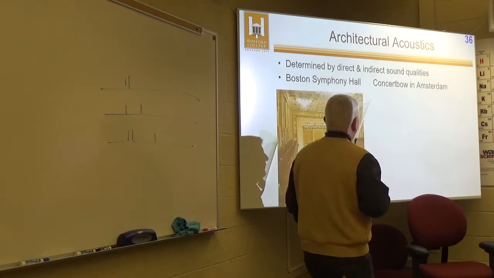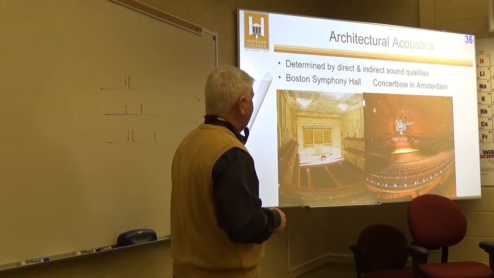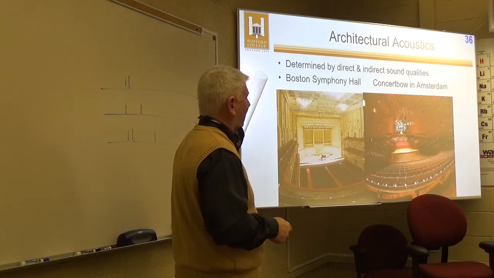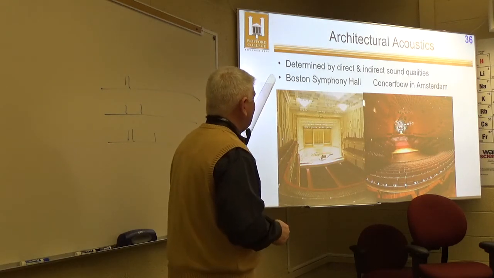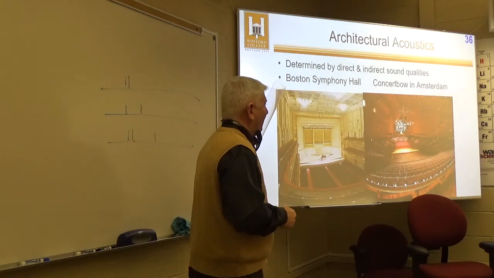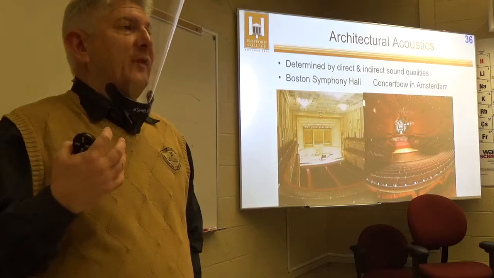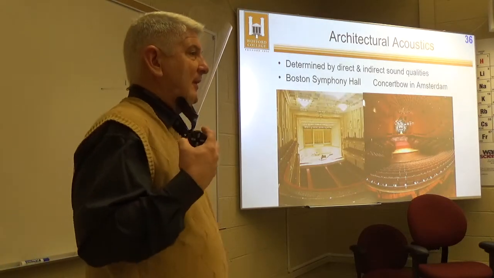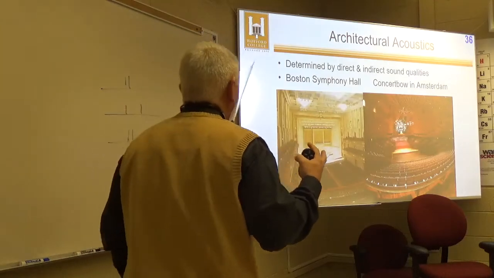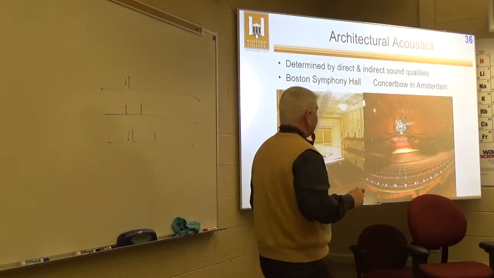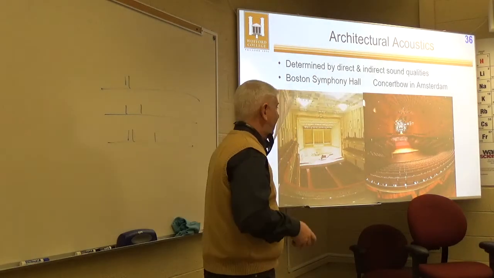All right, so these are two different concert halls, the Boston Symphony Hall and a concert hall in Amsterdam, and we see that they have manipulated that environment in ways to change the amount of direct and indirect sound to create a good acoustic perception for the people that are in those theaters.